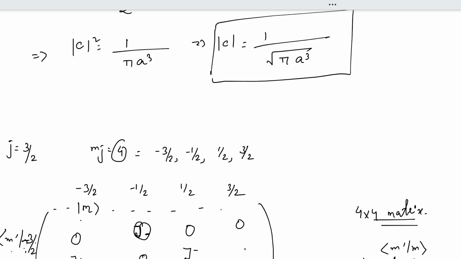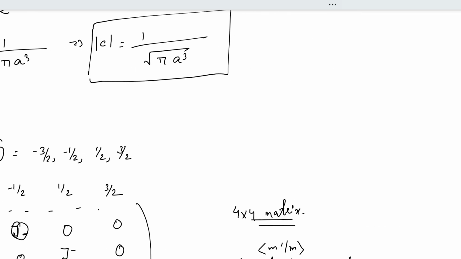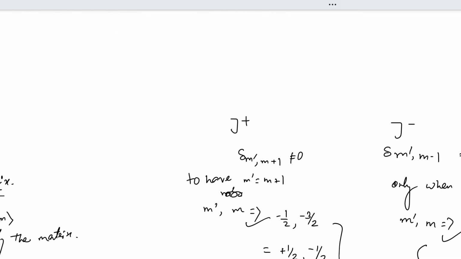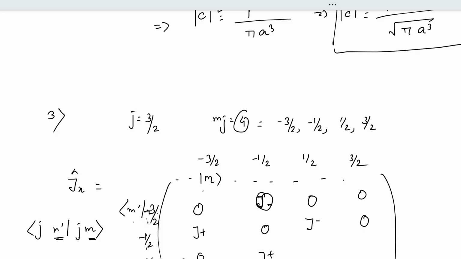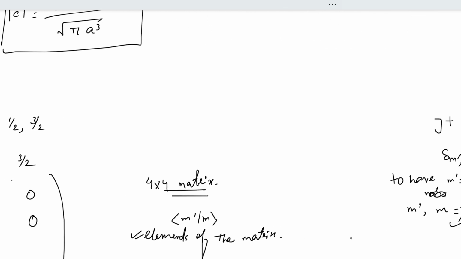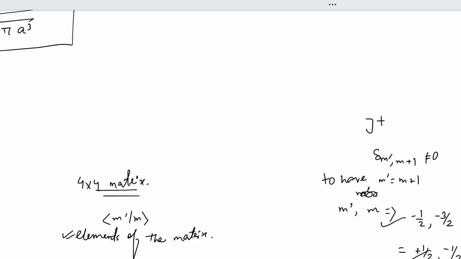Then minus half, 3 by 2 is no combination, so 0. Then half, minus 3 by 2 is also no combination, 0. Half, minus half is this one, so j plus is effective. Then half, half is no combination, 0. Half, 3 by 2 is this combination, which is j minus.